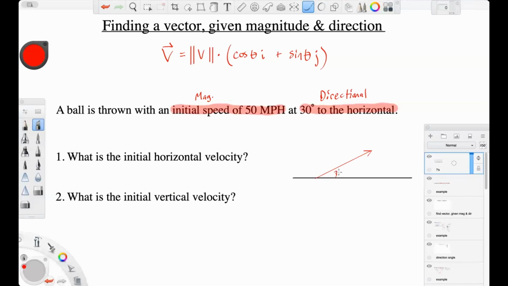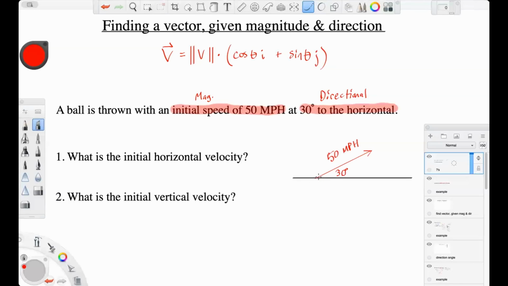That's a 30 degree angle right there. And it's thrown with an initial speed of 50 miles per hour. So that's our magnitude. That's going to be the length of that line. Now what we want to know is what is the initial horizontal velocity and what is the initial vertical velocity. Well, thankfully, we can just use this formula right here.